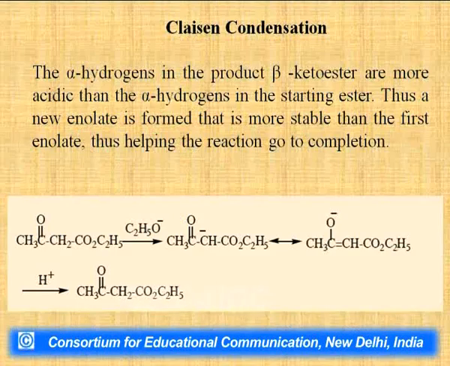In Claisen condensation, the alpha hydrogens in the product beta ester are more acidic than the alpha hydrogens of the starting ester. In ethyl acetoacetate, the acidic proton is removed by a base, and then there is an introduction of an alkyl group, and the product is a beta ketoester. The main reaction is related to the product.